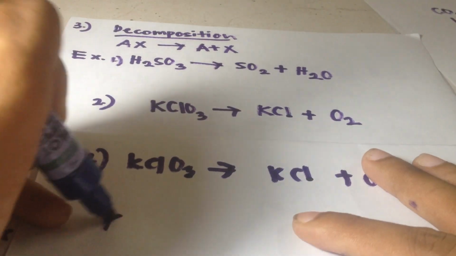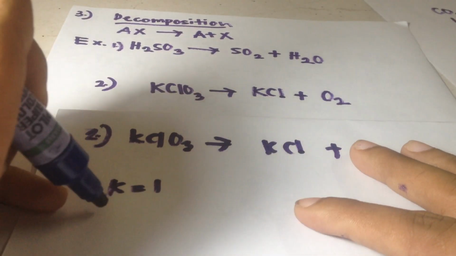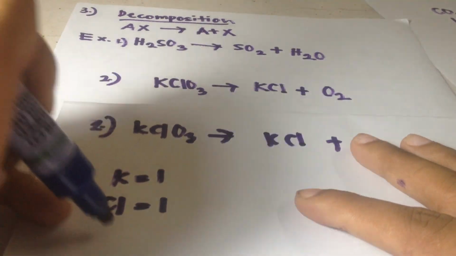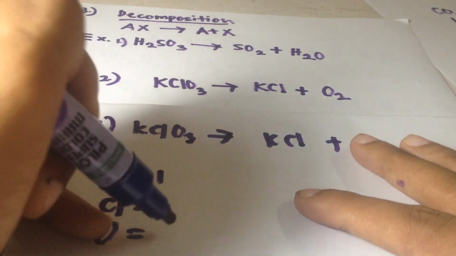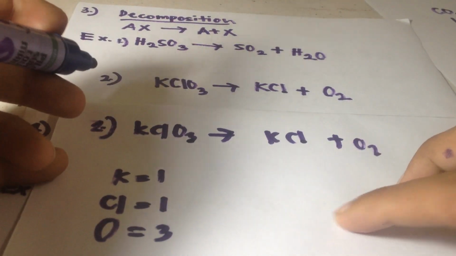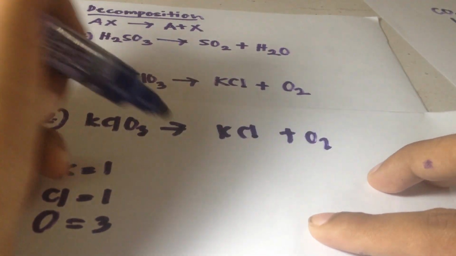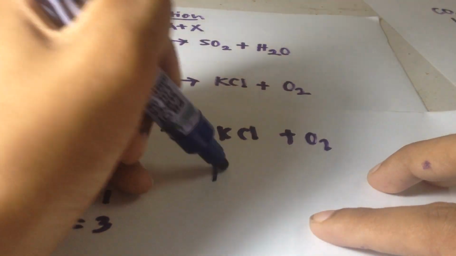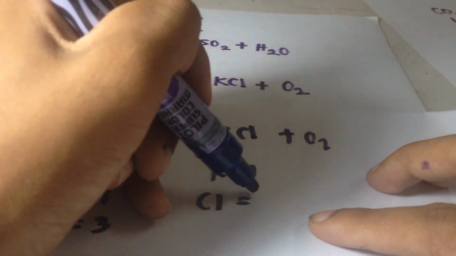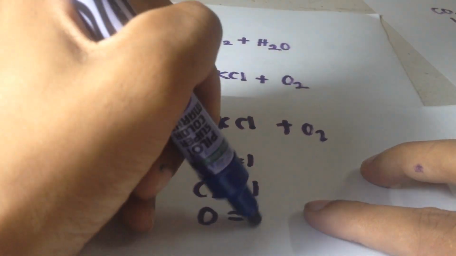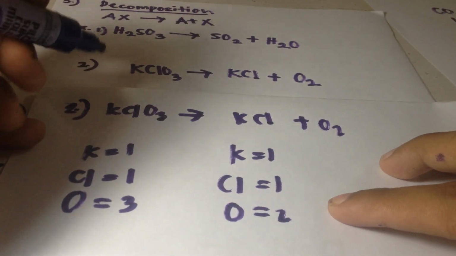Potassium has 1 subscript, chlorine has 1 subscript, oxygen has 3 subscript. And in the product, potassium has 1 subscript, chlorine has 1 subscript, and oxygen has 2 subscript. So it is not balanced.